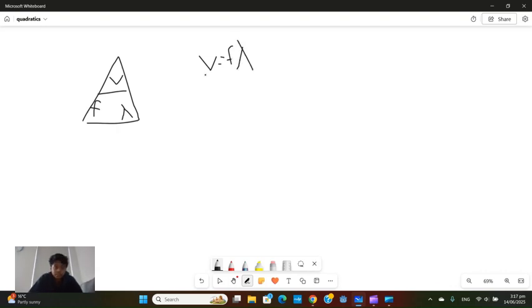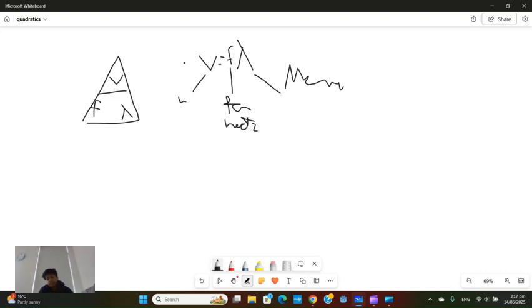Now, V is the velocity, the wave speed. This is the frequency measured in hertz. And this is the wavelength. This is in meters. This will be meters per second.